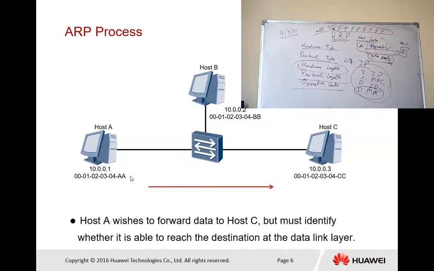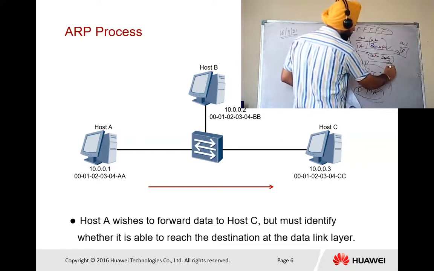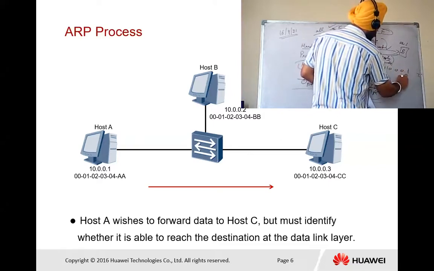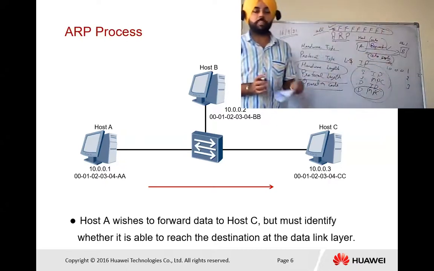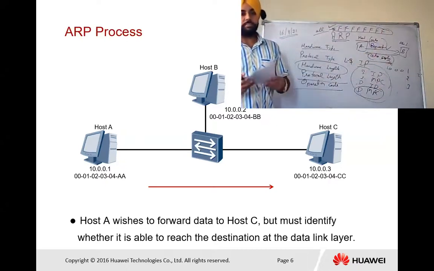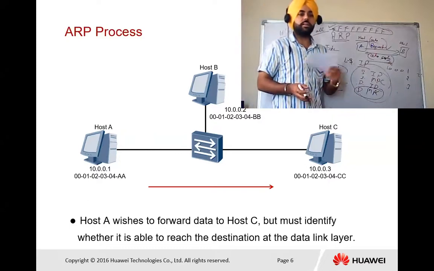All the PCs are directly connected with the switch and belong to the same network, because the IP addresses of hosts A, B and C are 10.0.0.1, 2 and 3. They all belong to the same network, directly connected with a single switch.